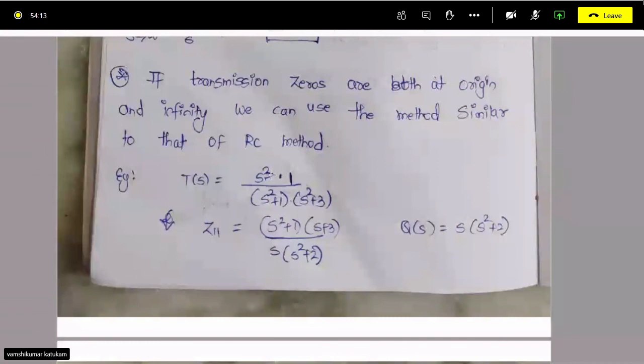So how to realize that network, I will discuss tomorrow. That is slightly complicated. For RC also, if you have negative real zeros of T of S, and for LC also, if you have imaginary zeros of T of S, then the realization of those networks is a little bit complex. That I will discuss tomorrow, or I'm thinking we can skip that also.